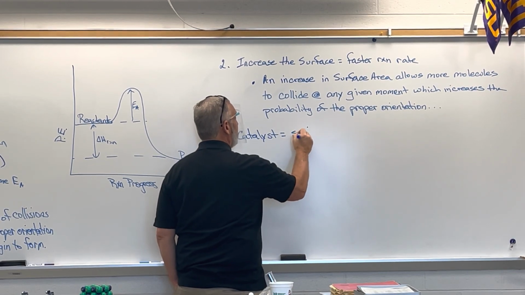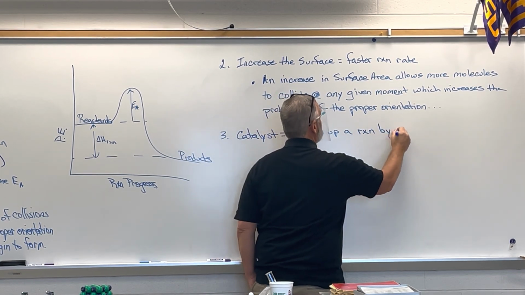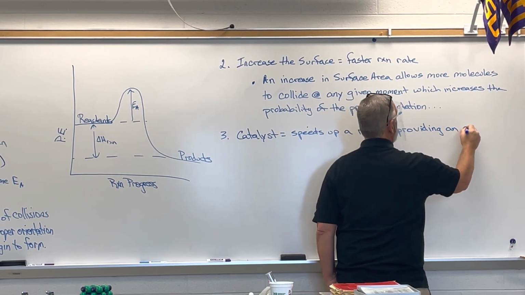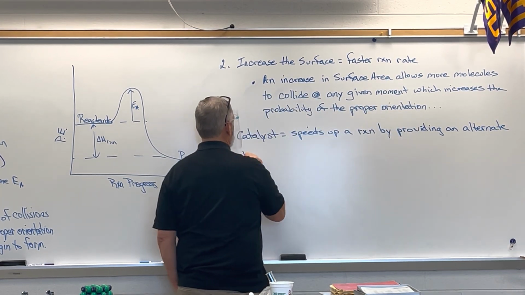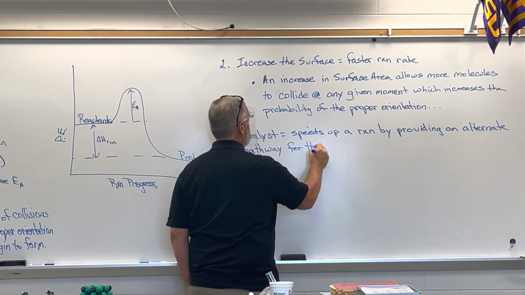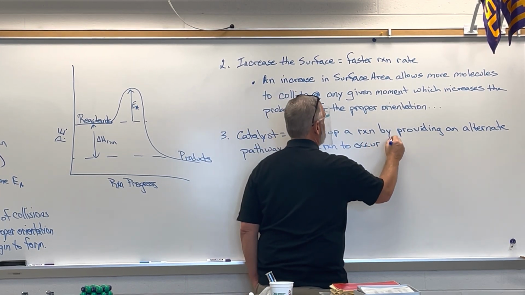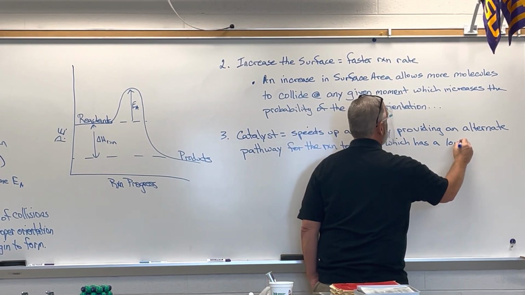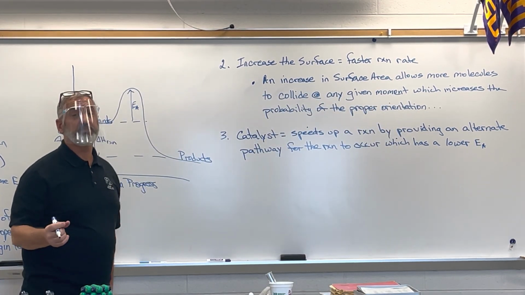Okay, it speeds up a reaction by providing an alternate pathway for the reaction to occur, which has, as Anna just said, a lower activation energy. So in a nutshell, a catalyst lowers the activation energy, but it provides a different pathway.